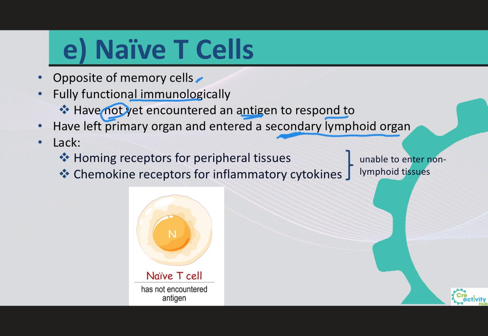Now, because the naive T cells lack the homing receptors for peripheral tissues and also the chemokine receptors for inflammatory cytokines, they are unable to enter the non-lymphoid tissues. Therefore, they can only be present in the secondary lymphoid organs and tissues.